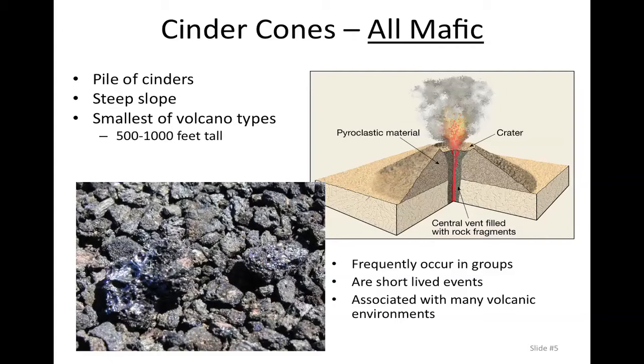There are literally thousands upon thousands of cinder cones around the world, and none of them have re-erupted since their first eruption. Other cinder cones have popped up in nearby locations, but the cinder cone that's already been created doesn't start up again. So by definition they become extinct once they are done.